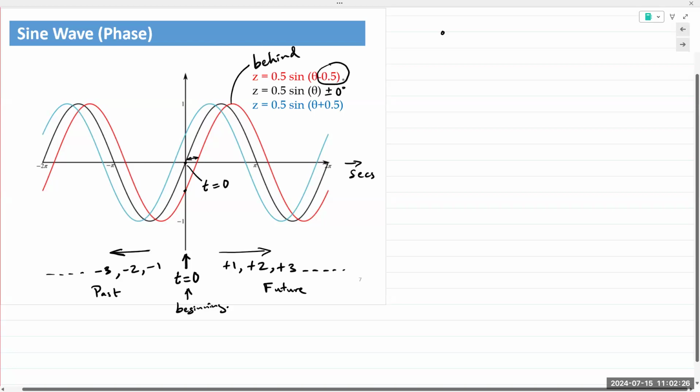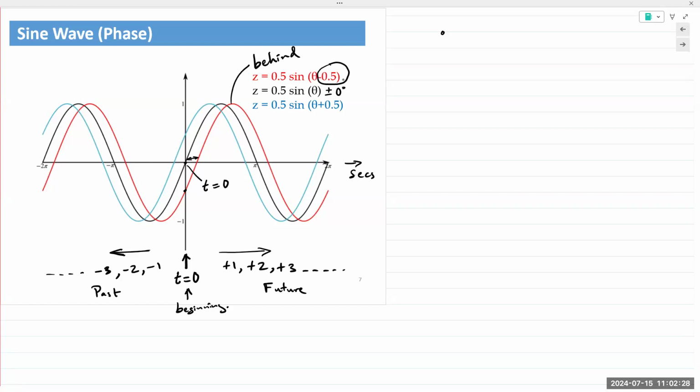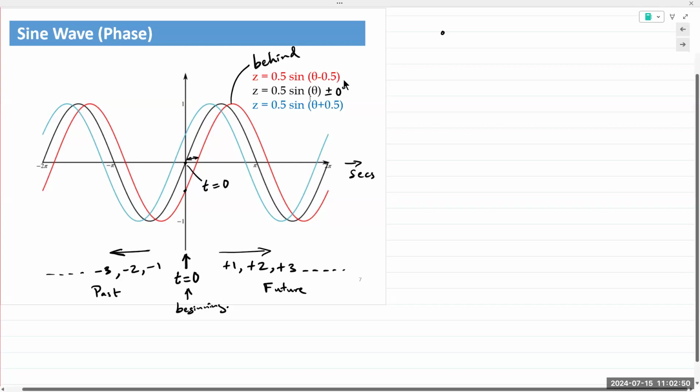And because it is behind in terms of time, we note it with a negative value. So even though it falls on the positive side of the y-axis, it is still mathematically described with a negative value. The phase is negative with respect to the waveform in black. So think over that. Let me know if you have any questions.